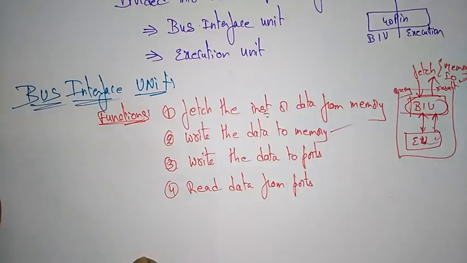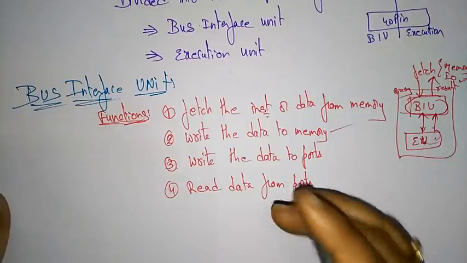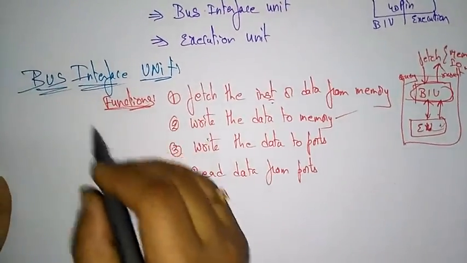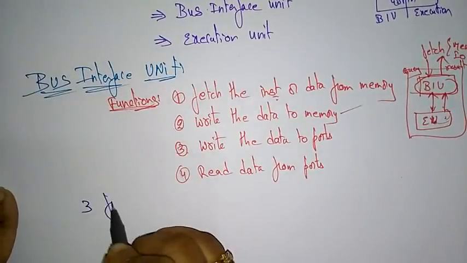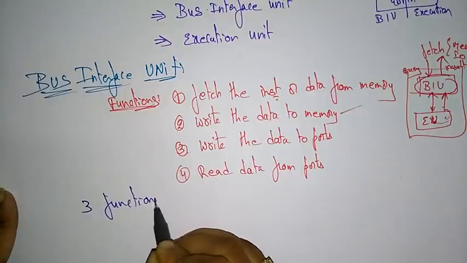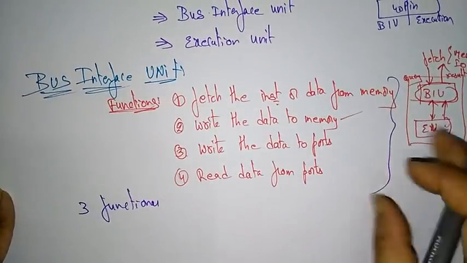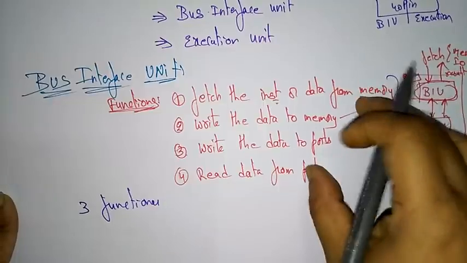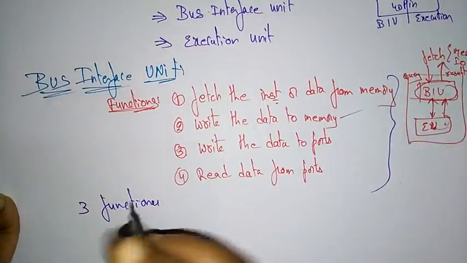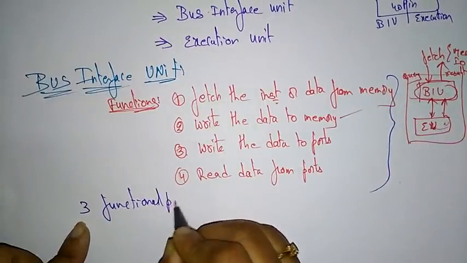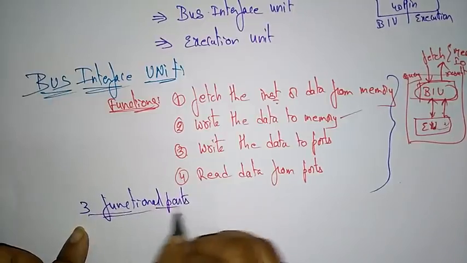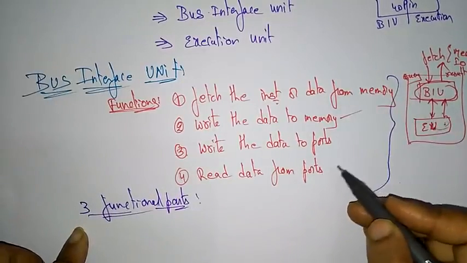The bus interface unit consists of three functional parts. This unit is divided into three functional parts. We have seen the functions. So which parts do these functions in the bus interface unit? These three functional parts will do these four works.